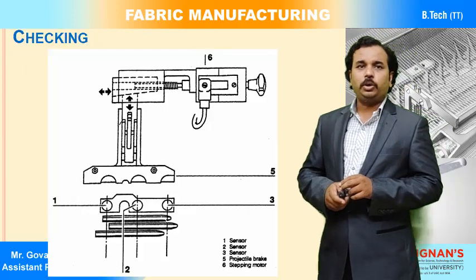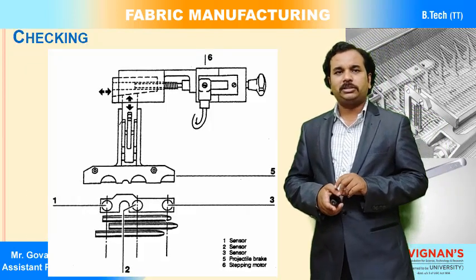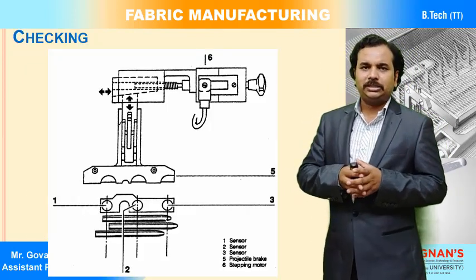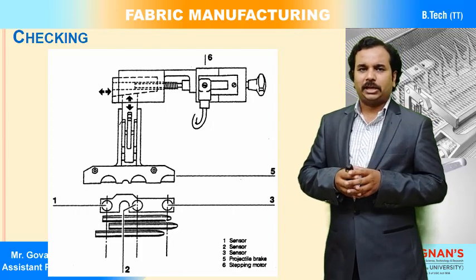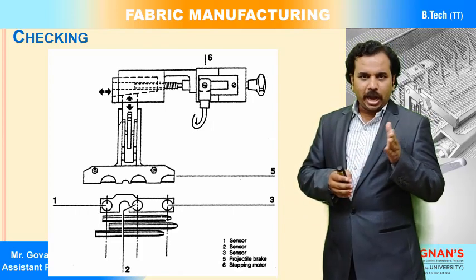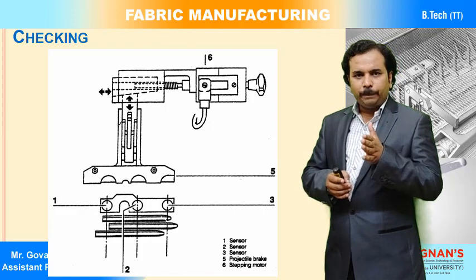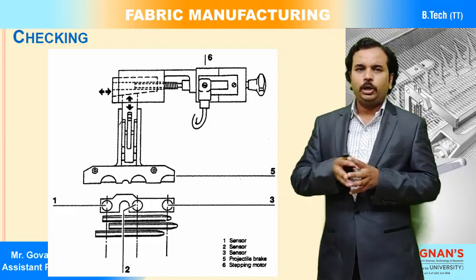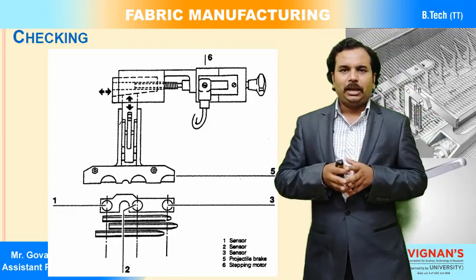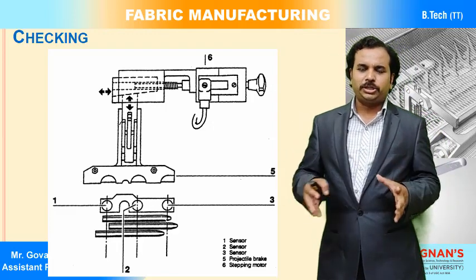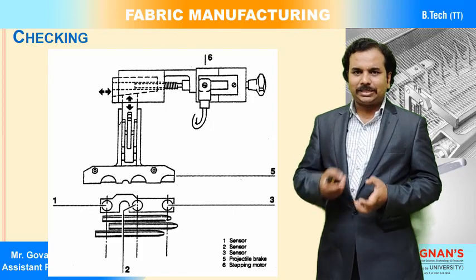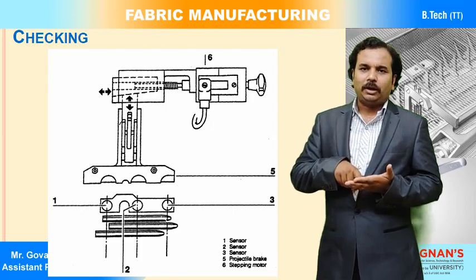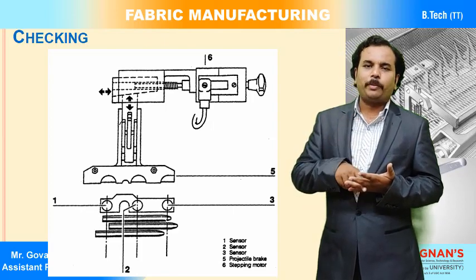Okay. So now you can understand where exactly the checking mechanism is. Generally there are three different sensors: at the entry, at the middle point, and at the exit. They send the projectile position so that once it has reached exactly, it has to open the projectile.